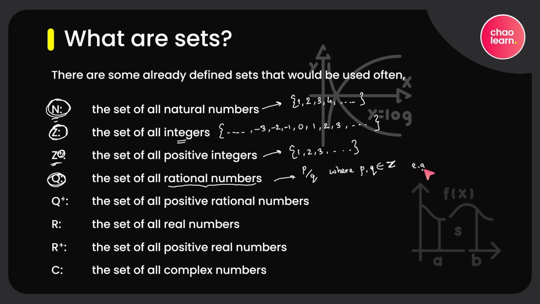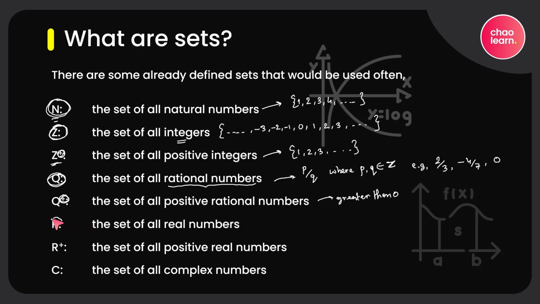For example, let's say 2 by 3, -4 by 7, 0, all these are rational numbers, right? Next, when we put a plus sign over it, we understand all the rational numbers which are greater than 0, right? So these are greater than 0.